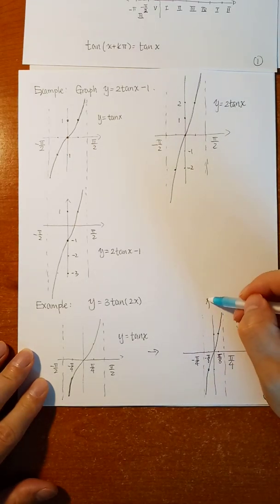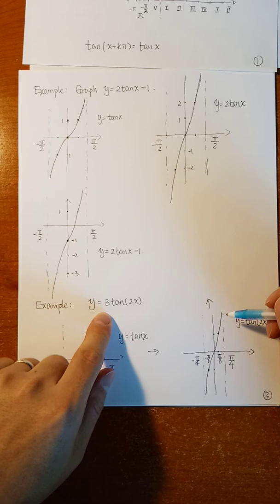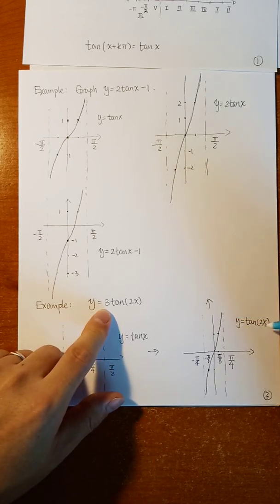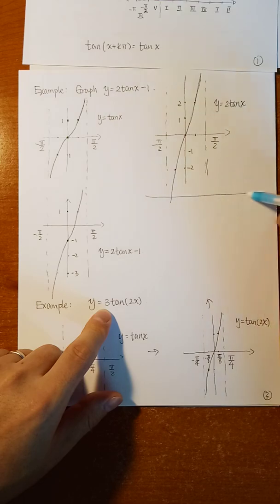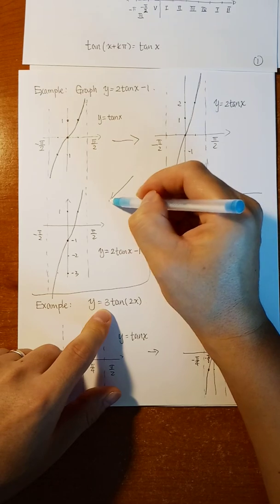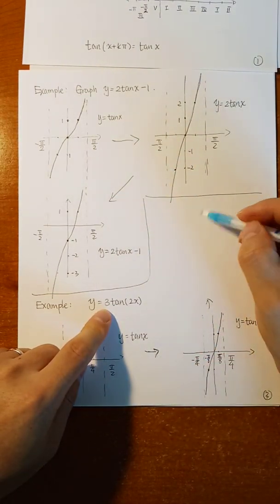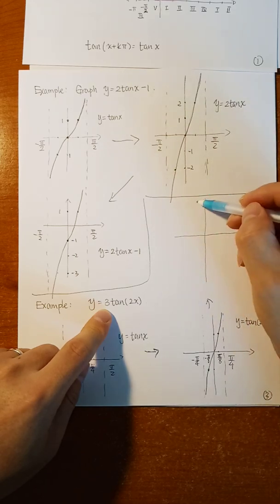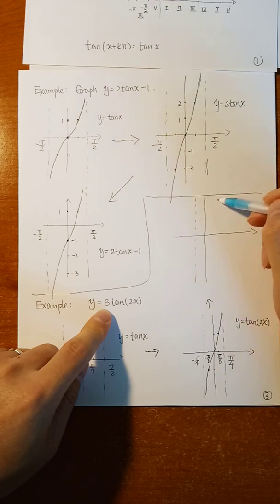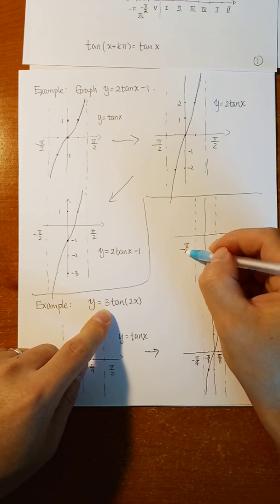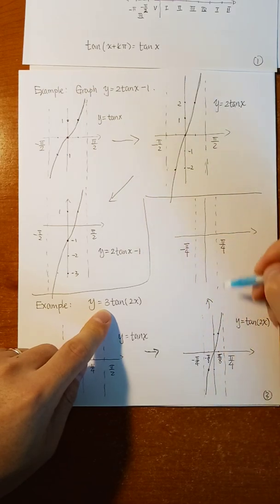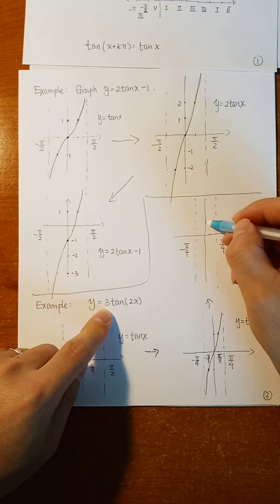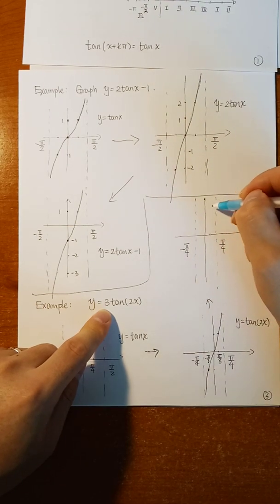Now let's use this piece. And then we multiply this tangent 2x by 3. We will have the following thing. It will be off scale. Still, you get a negative pi over 4 and a pi over 4. Very, very thin region. Originally at pi over 8 it's 1, but now it becomes 3.